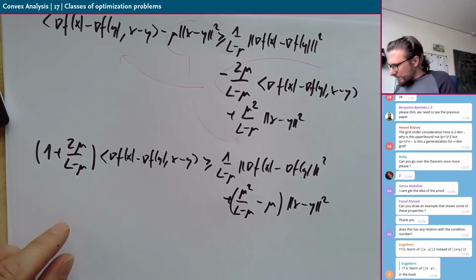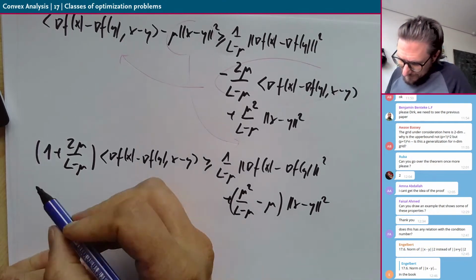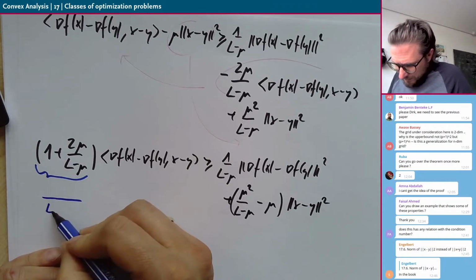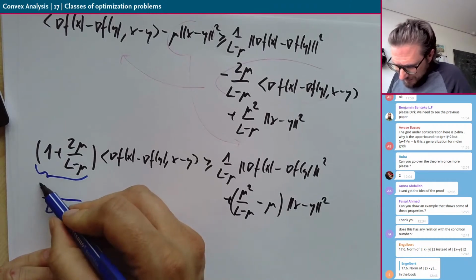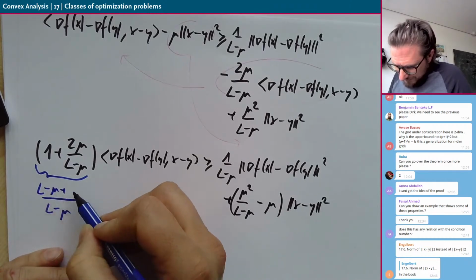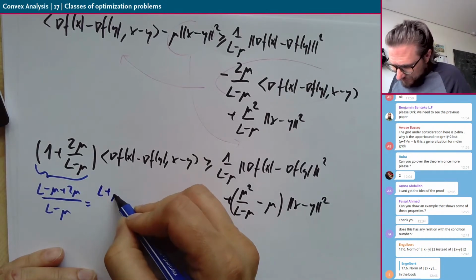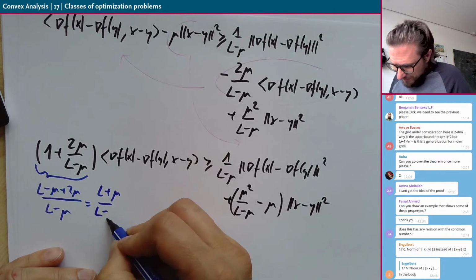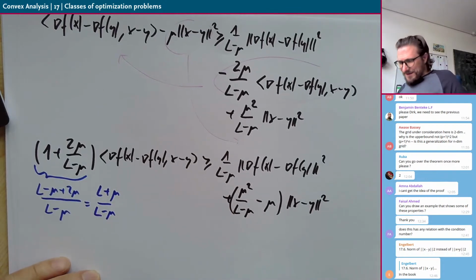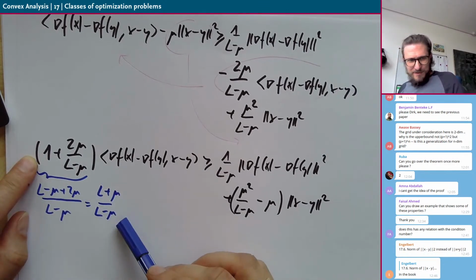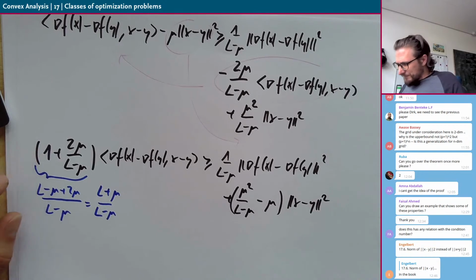Okay, let's calculate what this term is here. If we bring it to the common denominator L minus mu, we get L minus mu plus 2 mu, which is actually L plus mu divided by L minus mu. Okay, so what we do now is to take this inequality and multiply by the inverse of that.